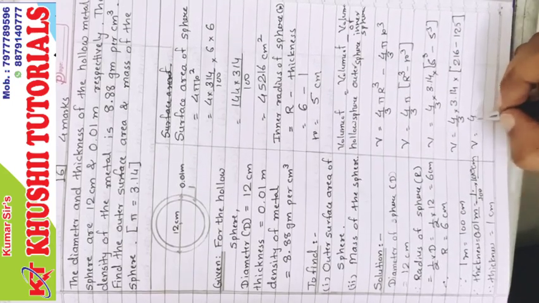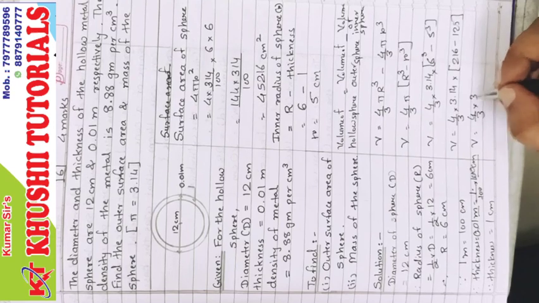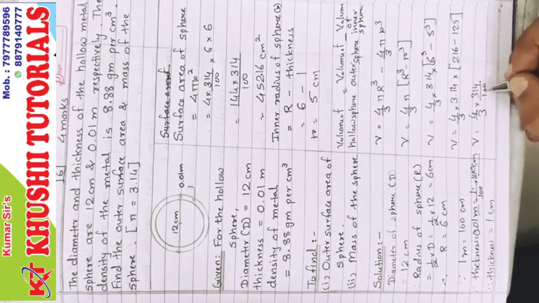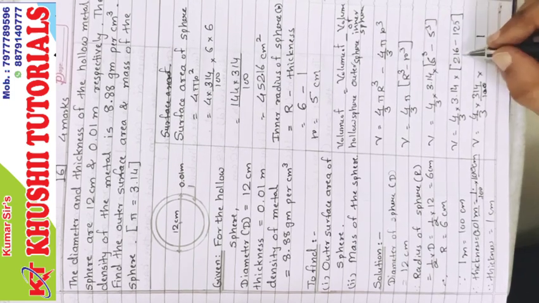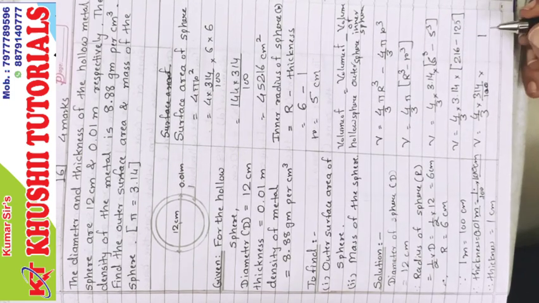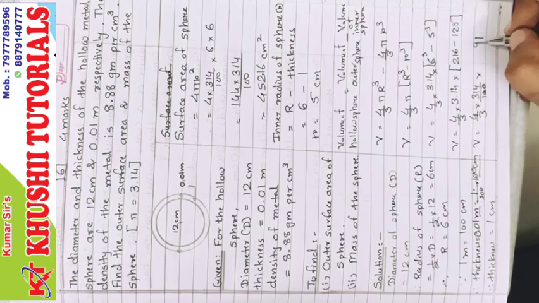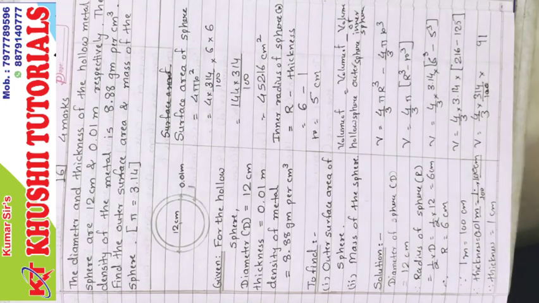So volume is equal to 4 by 3 into 314 upon 100 into 216 minus 125, that is 91.